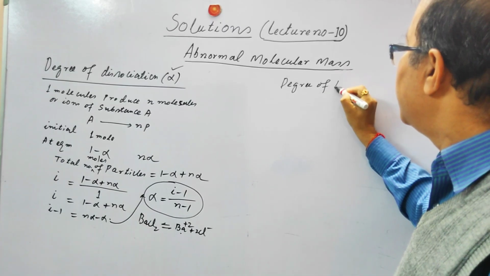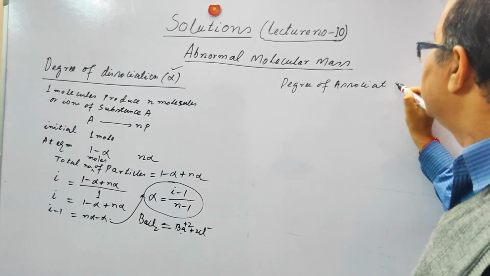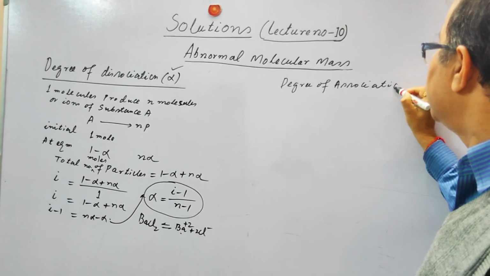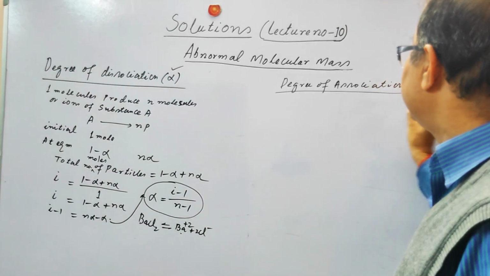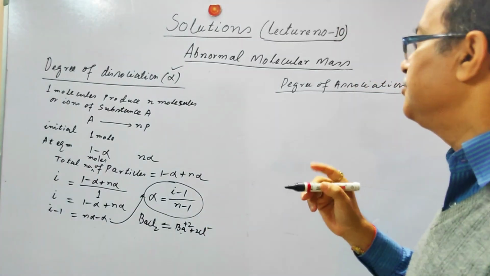Okay. Similarly, we can calculate the degree of association. There are some molecules that have a tendency of association through hydrogen bonding, which we have discussed in the case of ethanoic acid or acetic acid and benzoic acid.